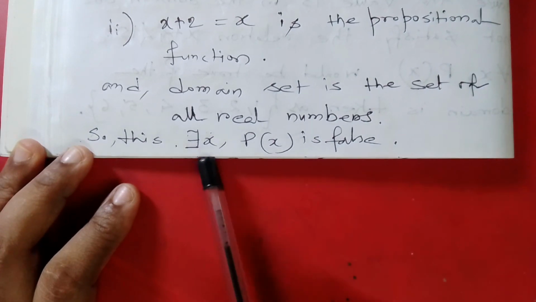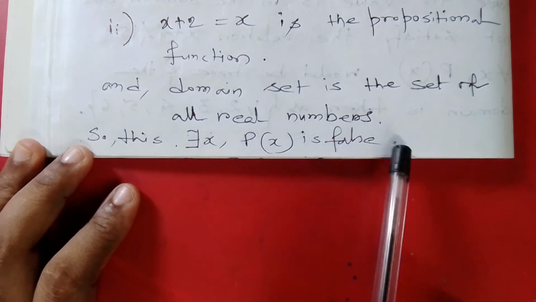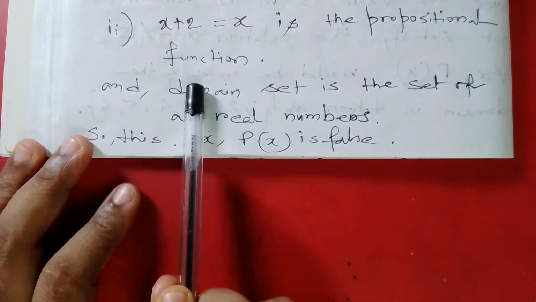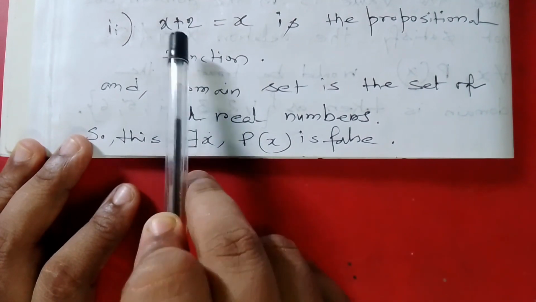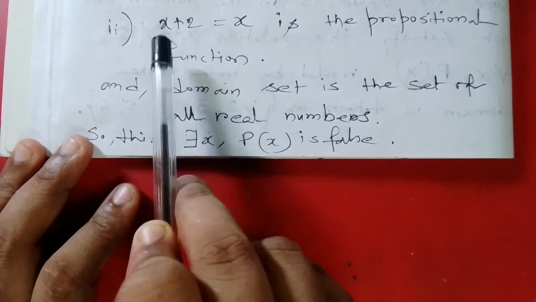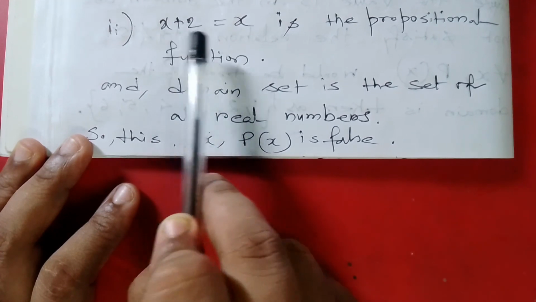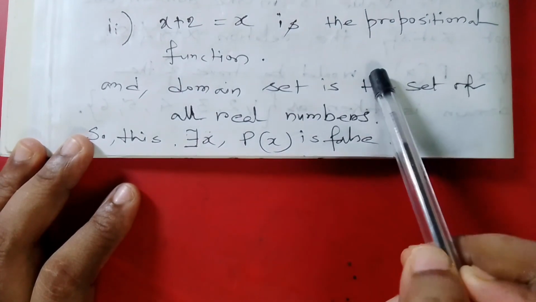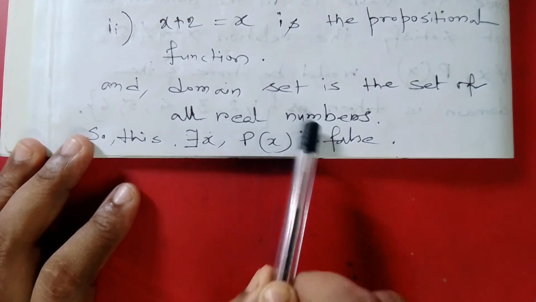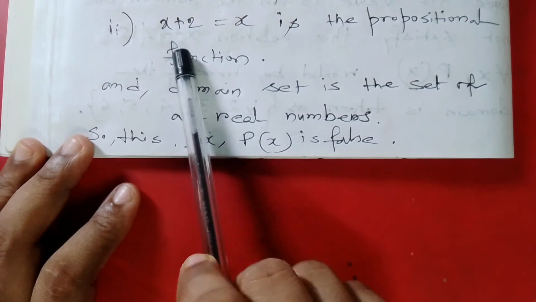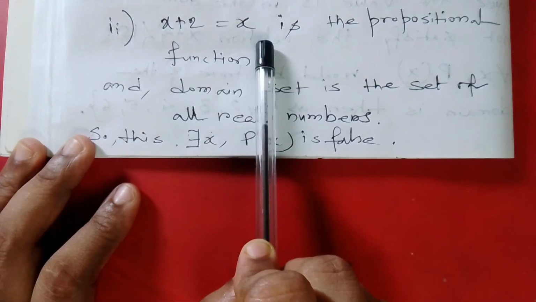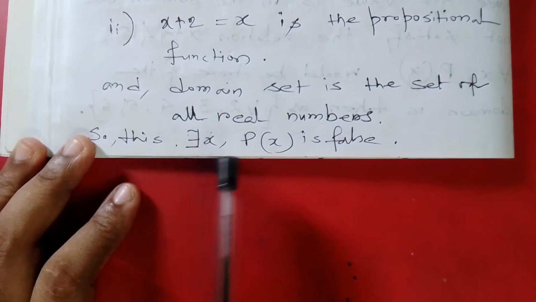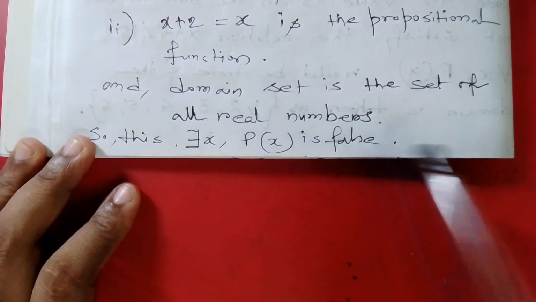This existential quantification is false for this propositional function, because 1 plus 2 is 3, and 3 is not equal to 1. Any real number will never satisfy this condition. So this existential quantification of P(x) is false.